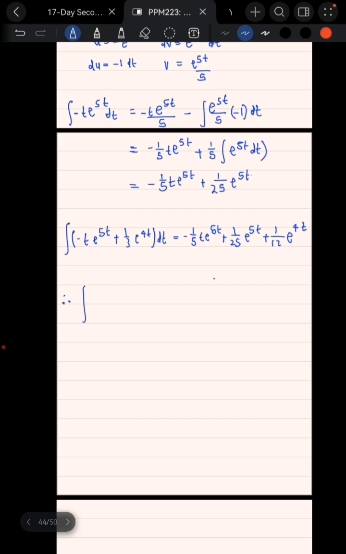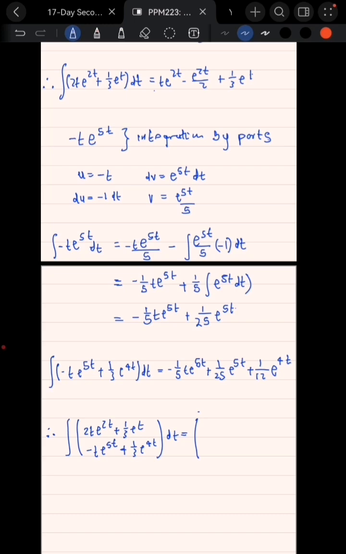Therefore, the integration of 2t e to the power 2t plus 1 over 3 e to the power t, minus t e to the power 5t plus 1 over 3 e to the power 4t, dt, is going to be equal to, we determined the integration of the first row and we got te to the power 2t minus e to the power 2t over 2 plus 1 over 3 e to the power t.